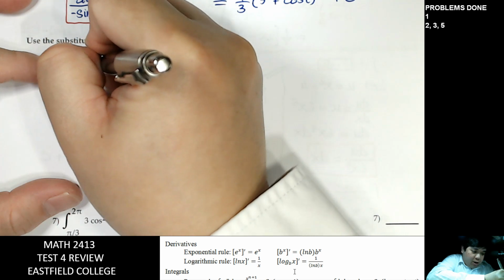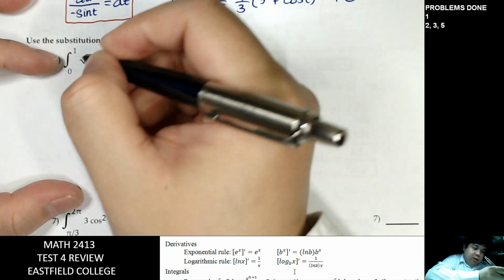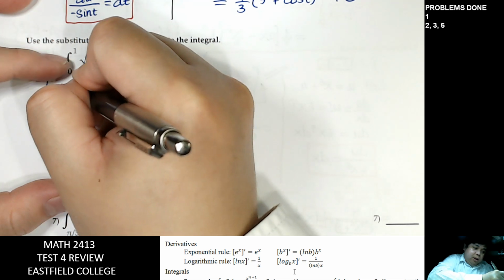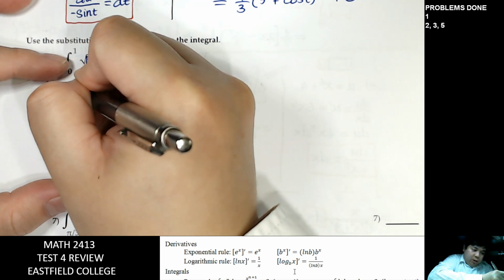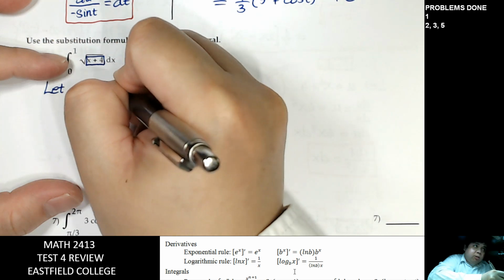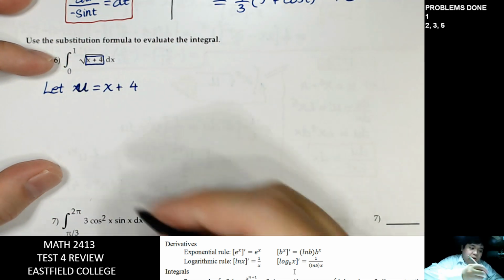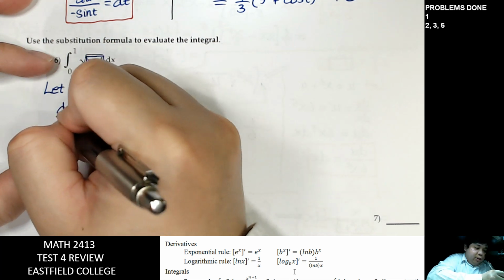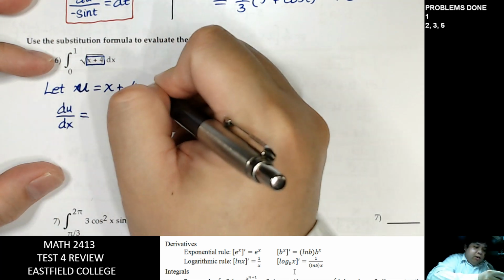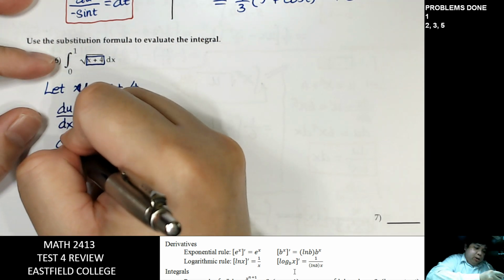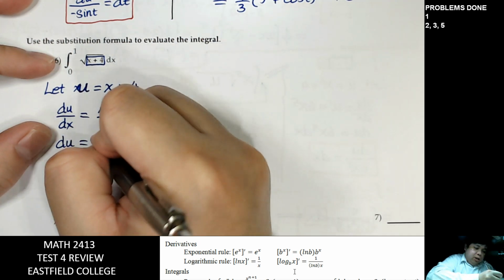let x plus 4 be u. U equal to x plus 4. Right. I'll take the derivative of this, which is going to be 1. Move the dx over, we have du equal to dx.